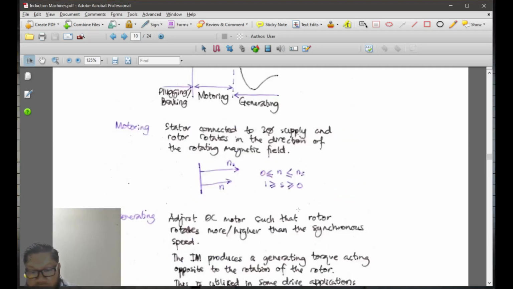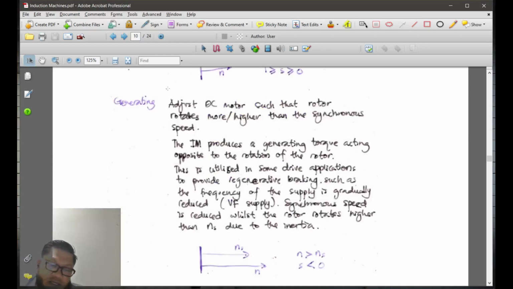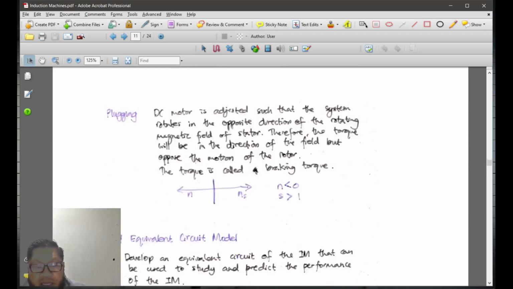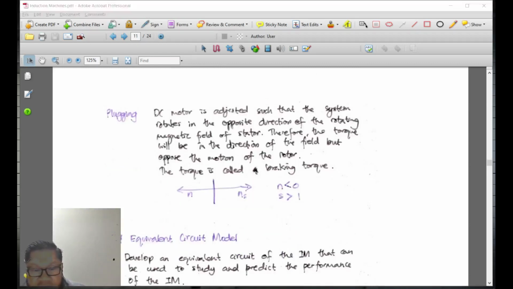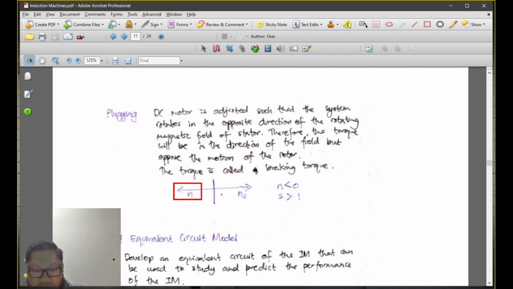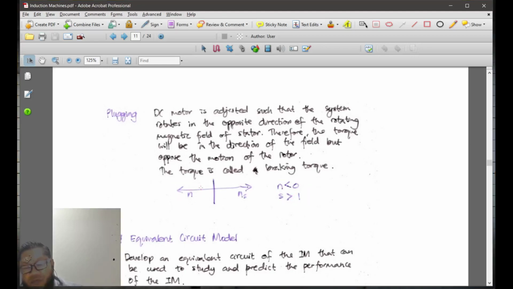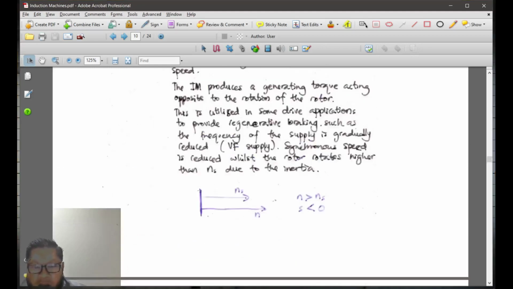You rotate it, and then it will be in the generating mode of operation. Next we have plugging. In the plugging state, n is in the opposite direction of your ns. The opposite direction shows that s is greater than 1.